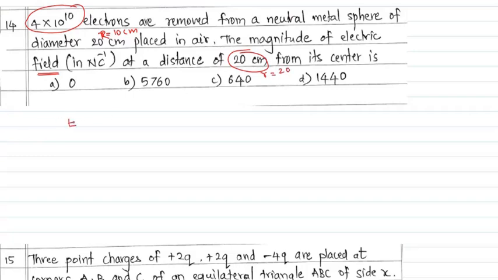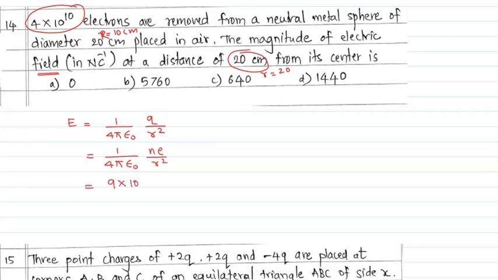So electric field E is given by 1 by 4 pi epsilon naught Q divided by r square, where r is 20 centimeters. Instead of directly giving Q, he has given number of electrons removed. So I will write this as 1 by 4 pi epsilon naught, Q is N into e, by r square. Now substitute all the values.